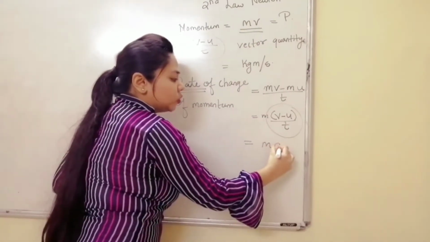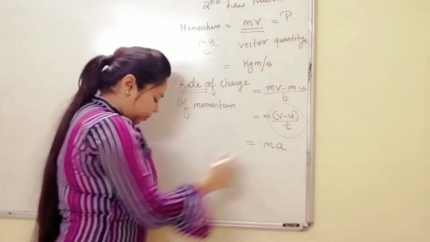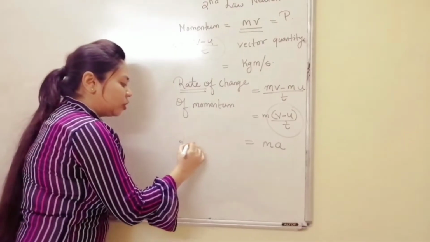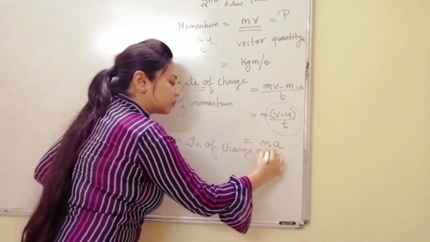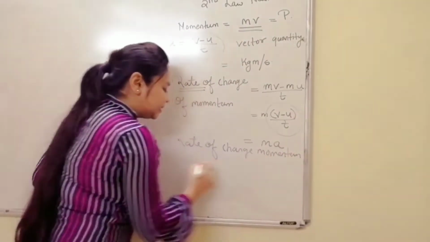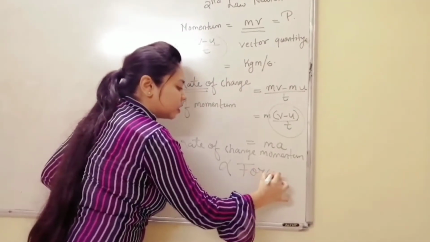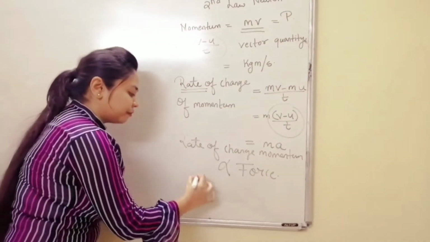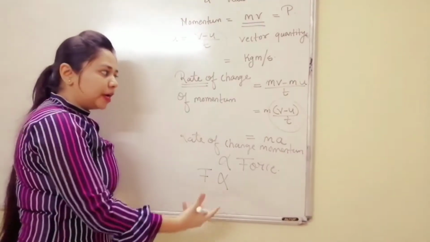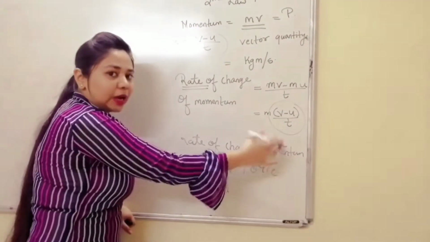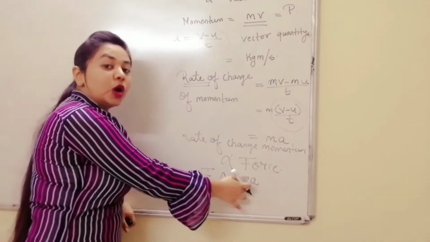So this becomes m into a, the rate of change of momentum, and the law says that the rate of change of momentum is directly proportional to the force applied. Now what is the symbol for force? F. F is directly proportional to the rate of change of momentum. What did we get for the rate of change of momentum? It is nothing but ma. So force is directly proportional to ma, that is mass into acceleration.